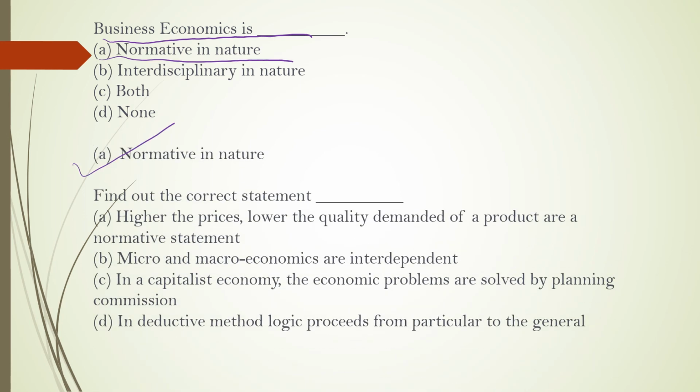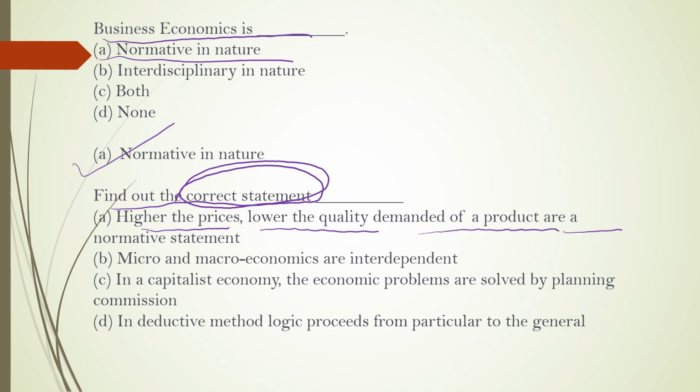Next one. Find out the correct statement. Higher the price, lower the quantity demanded of a product is a normative statement? No, it is a positive statement. Micro and macroeconomics are interdependent. Exactly correct.